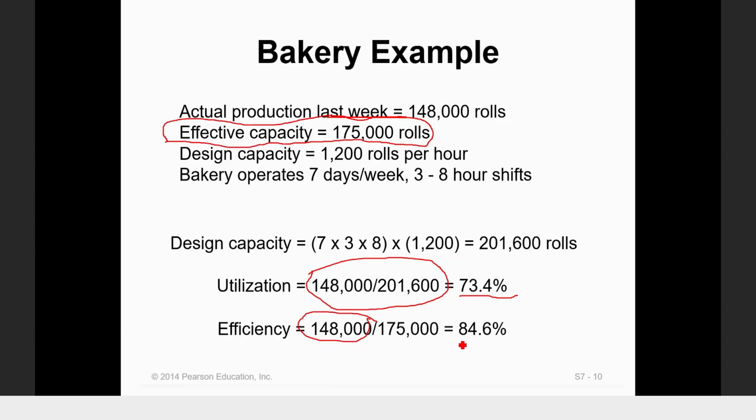So efficiency will be 84.66%. So you need to understand this: design capacity, effective capacity, utilization, and efficiency.